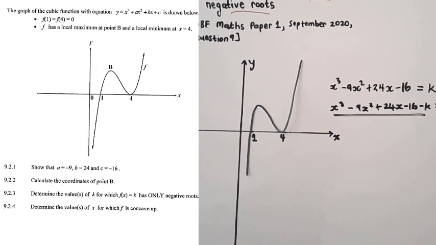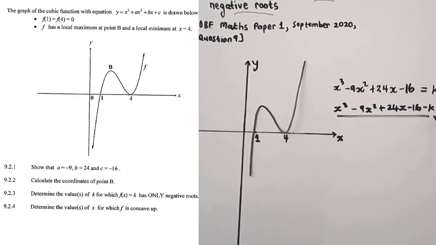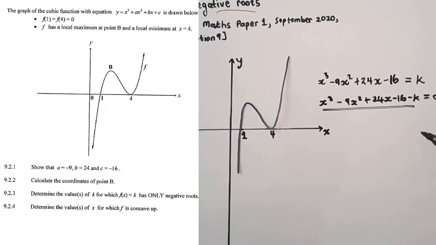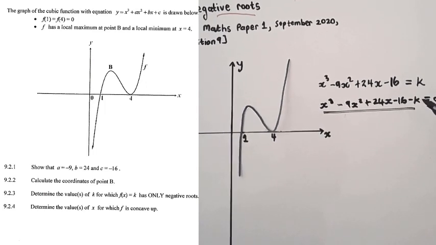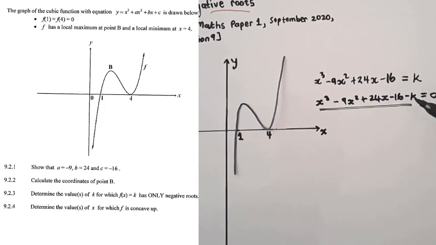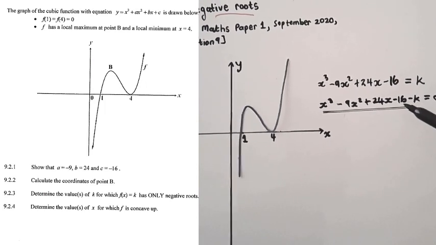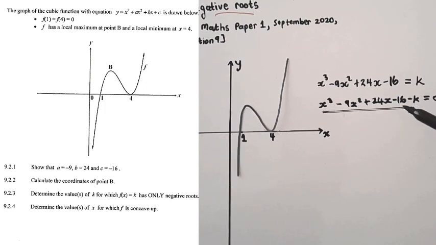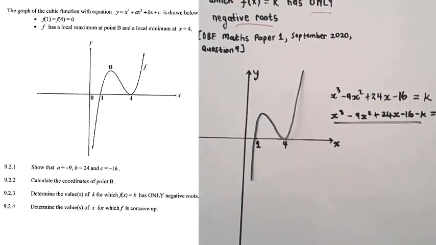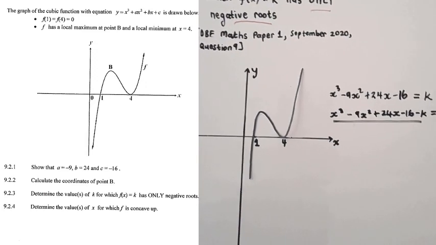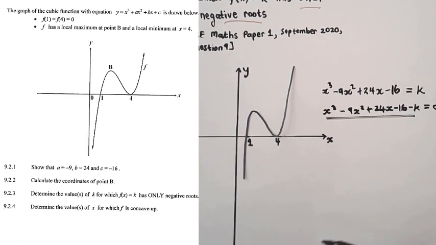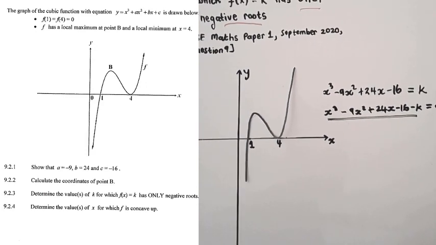So if you pick different k values, then you're basically changing the y-intercept. So for example, if you pick a k value of say 15, then you'd have negative 16, negative 15, which is negative 31. So this function would then have a y-intercept at negative 31.